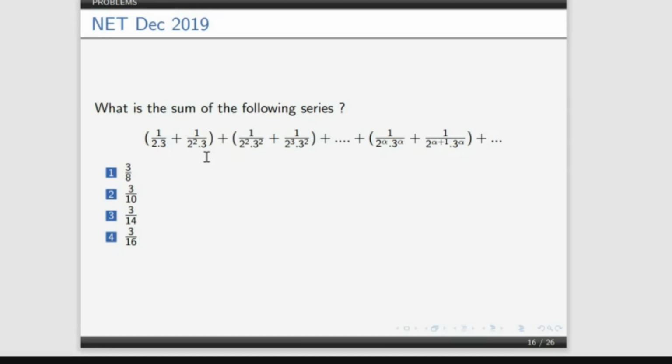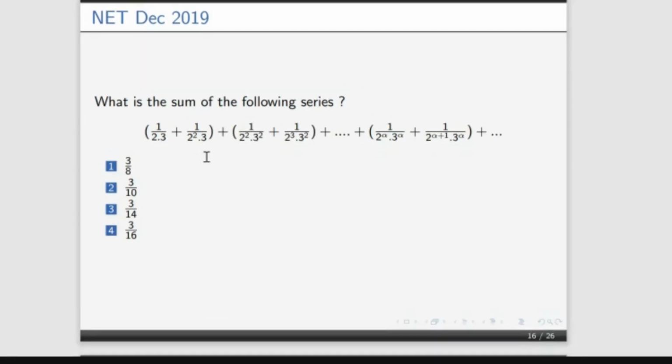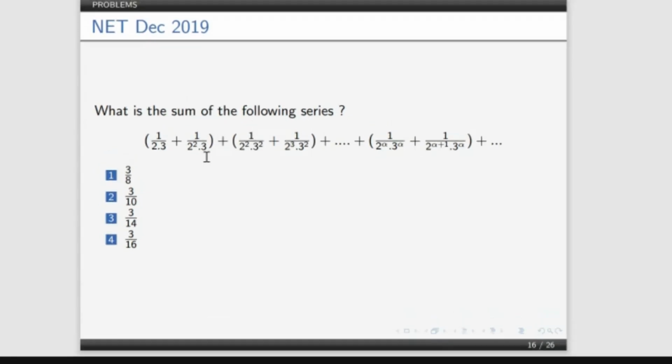So we are asked to find out the sum. 3 by 10. 3 by 10. Okay. 3 by 10.